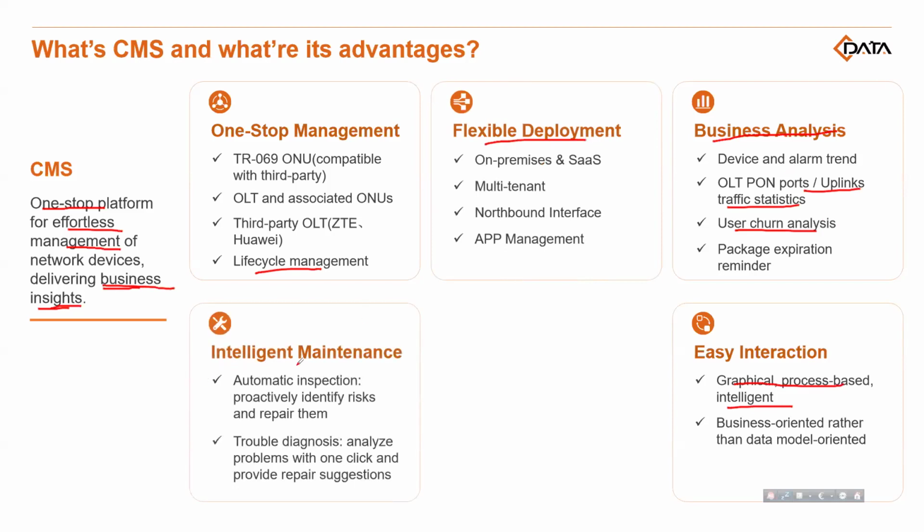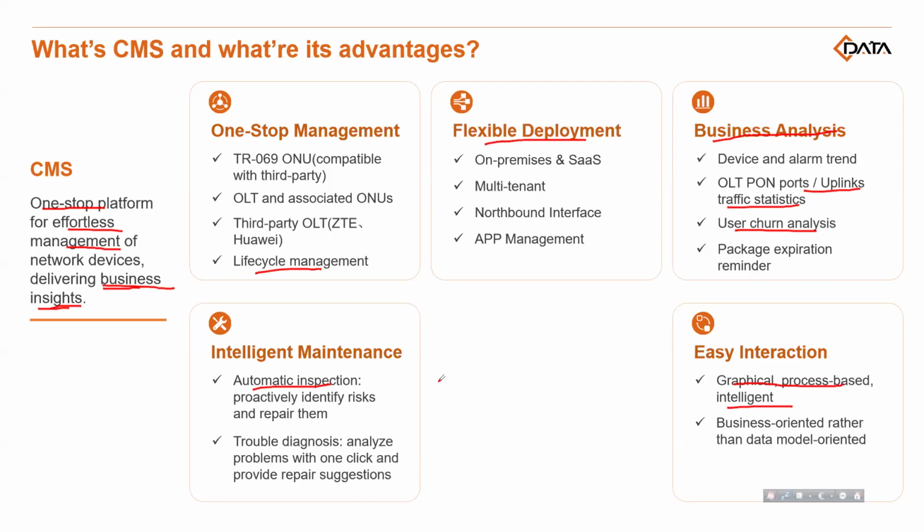Regarding the intelligent maintenance, we believe the best management software is the one that requires minimal manual intervention. So we have the automatic inspection. It can identify the risks and repair them automatically.